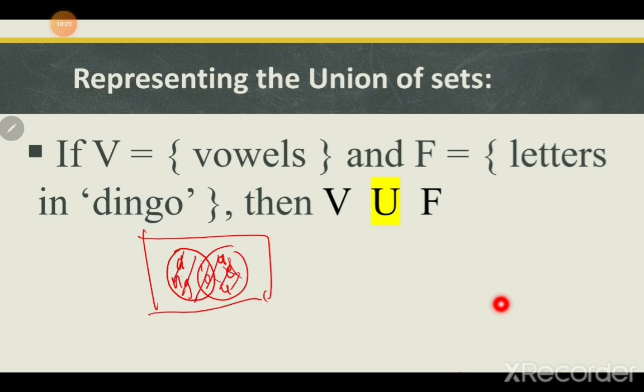Which means that all the elements of the set of vowels and the set F are a subset of the union of V and F. Okay?